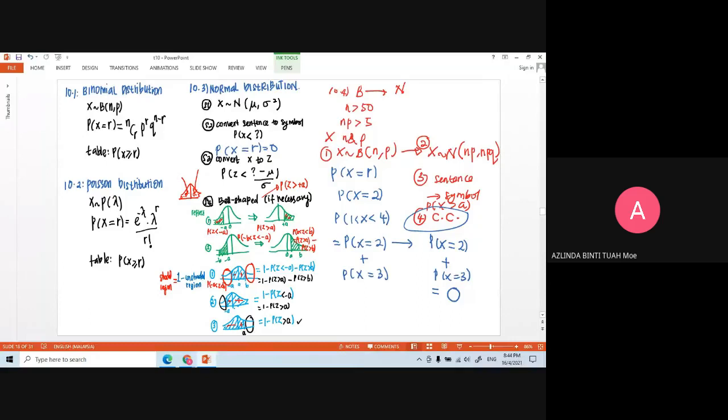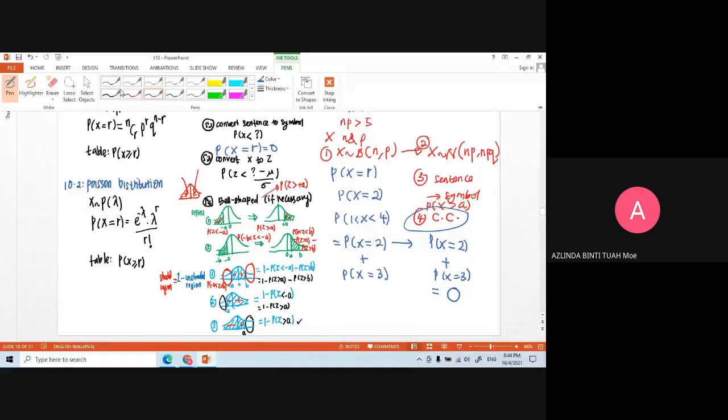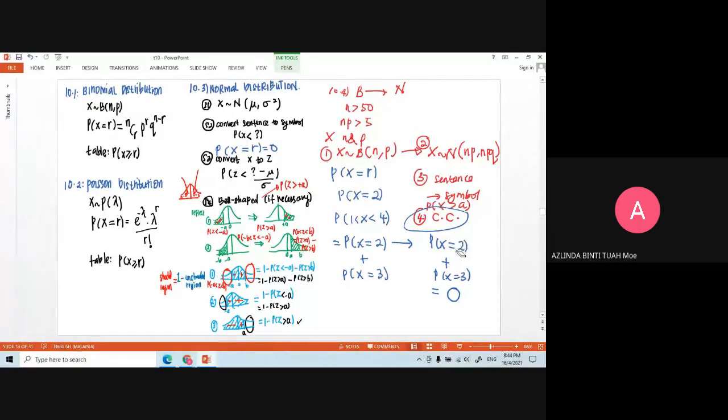P(X equals to 3) pun 0. So kita nak mengelakkan berlakunya kesemua jawapan di sini akan menjadi kosong apabila penukaran binomial pergi ke normal. Macam tak logik lah. Setiap kali binomial pergi ke normal, jawapannya kosong. Disebabkan normal tidak boleh ada probability yang equal to.